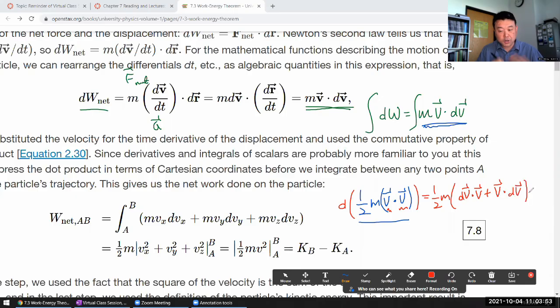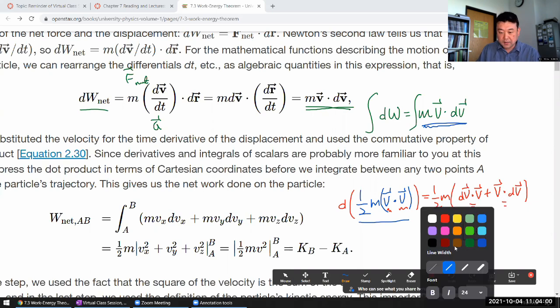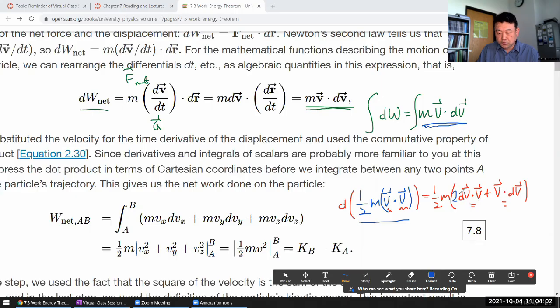And as I was talking about earlier, these products commute. So these two are the same thing. So I can just say these two will simplify as 2 times one of these. And the 2 cancels this, and I get m. Let me keep this one, v dot dv. So this looks the same as that. So yeah, this is my antiderivative.